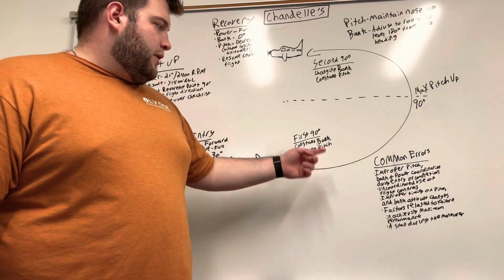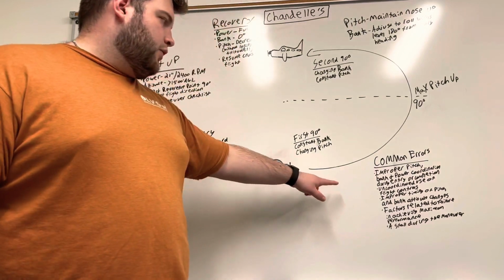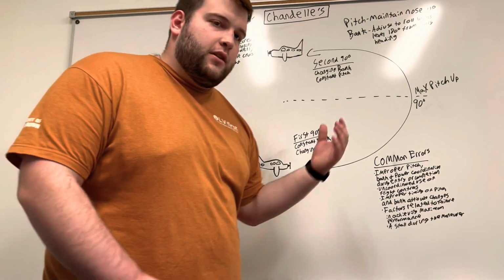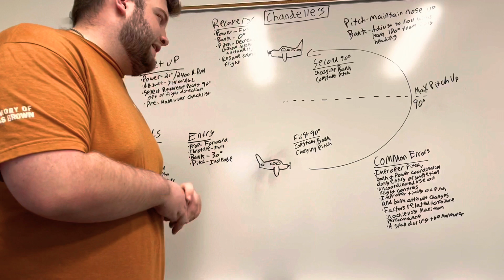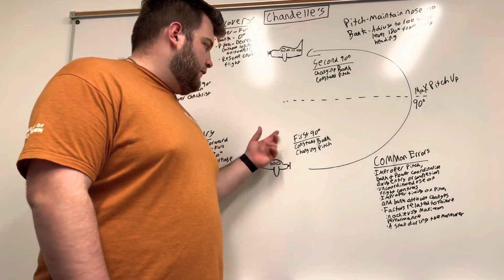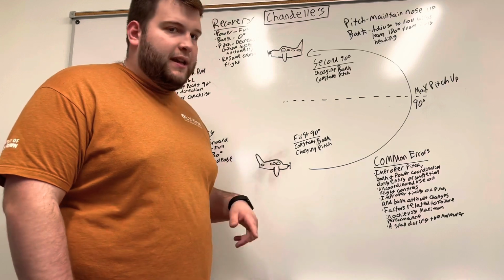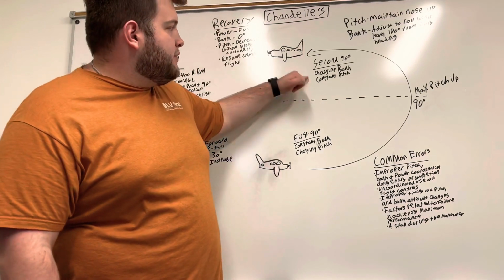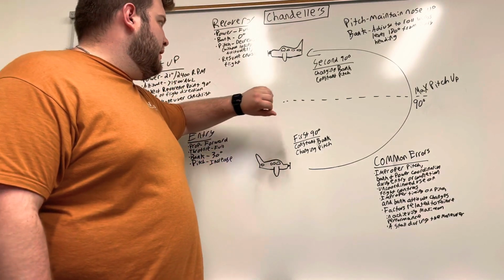And then the second common error is uncoordinated use of flight controls. So you want to make sure you're coordinated with your flight controls the entire time. So you want to make sure that you're following the constant bank and changing pitch for the first 90, and changing bank constant pitch for the second 90.